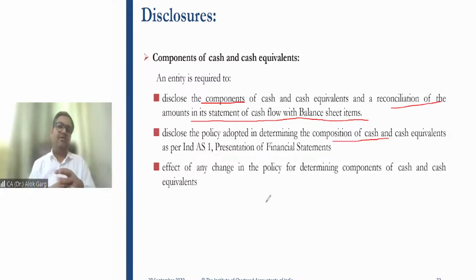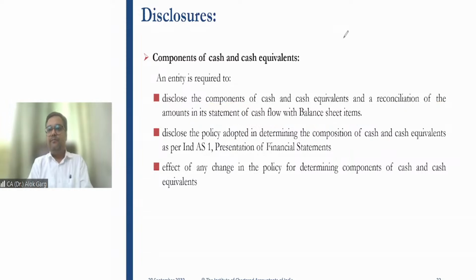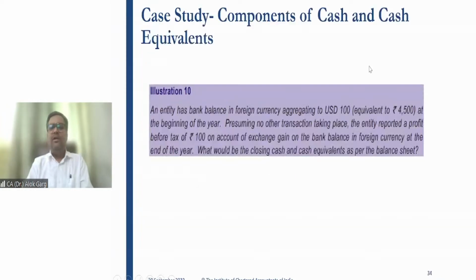What is your cash and cash equivalent? You have to give the policy like cash and cash equivalent is cash on hand, cash at bank, and demand deposits, and those amounts which can be readily convertible into a known amount of cash in the short term and which do not have a significant risk of change in value, right? So this part we have already discussed. Disclosure is not important from the examination perspective, right?